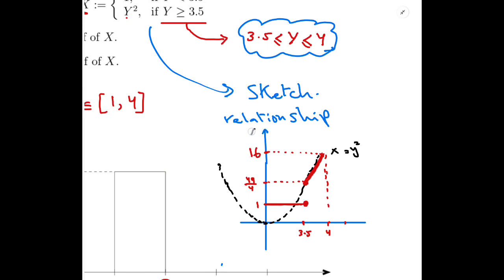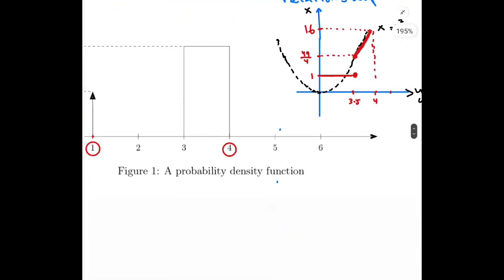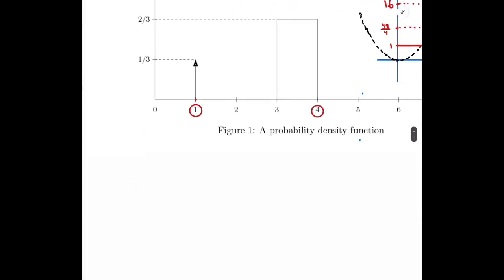Now let's find the transformation of the probabilities. First of all, the first question says to find the cumulative distribution function of x. So what's the CDF of x?